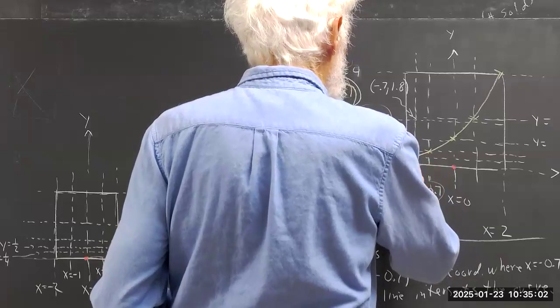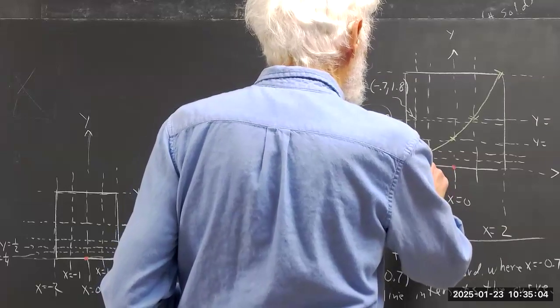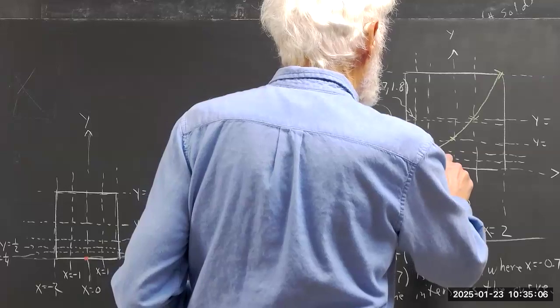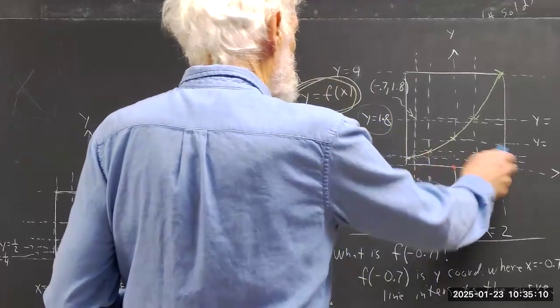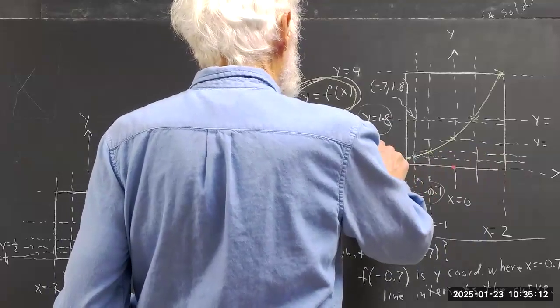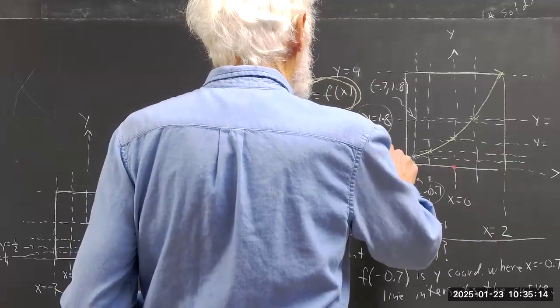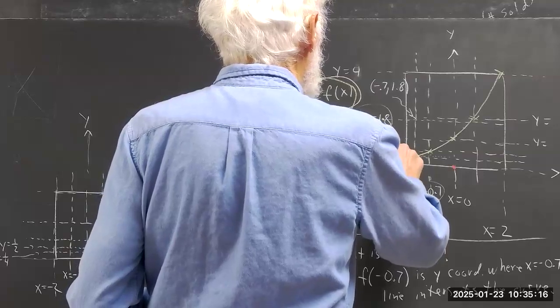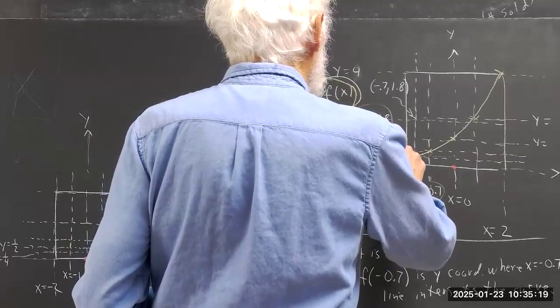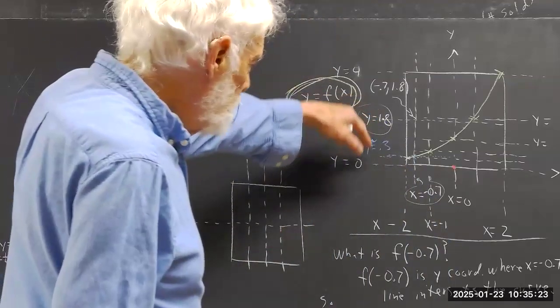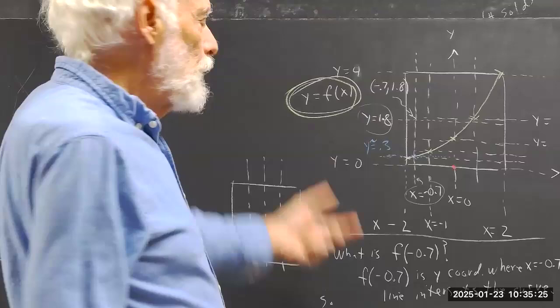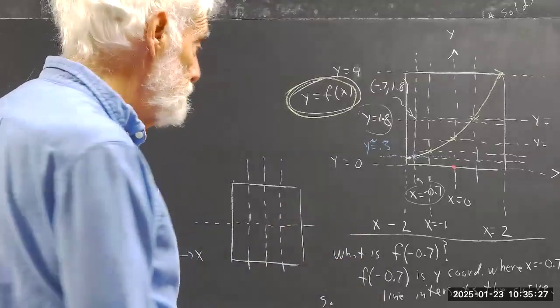There's the intersection point. This line's just a little above the y equals 1/4 line, so we say y equals 0.3. And we put a little wavy thing above the equals sign: y is approximately equal to 0.3.